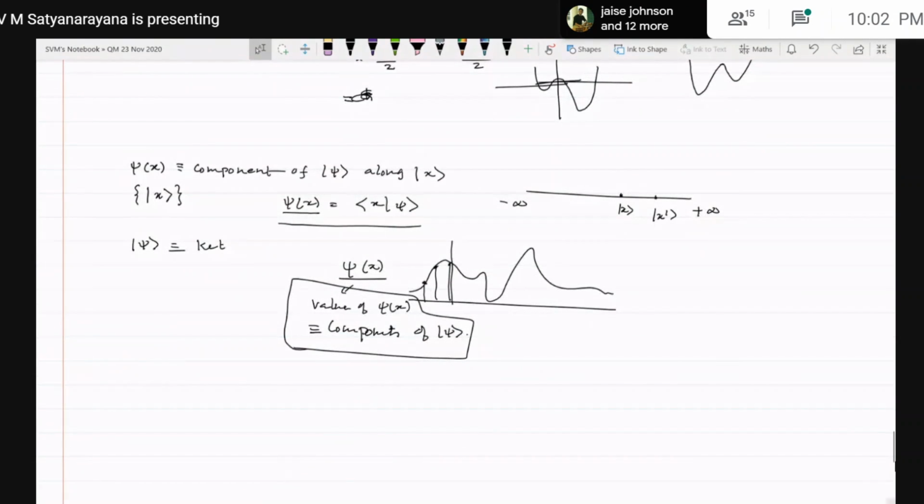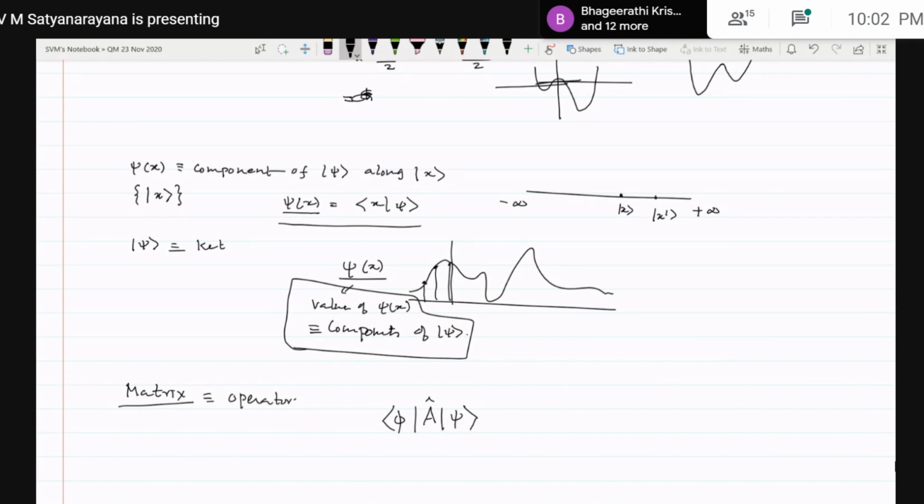Now, a matrix corresponds to an operator. Suppose I have an operator A, and I can think of this operator as a matrix element. Suppose I take some psi, and then some phi.